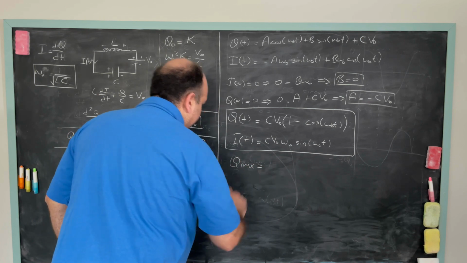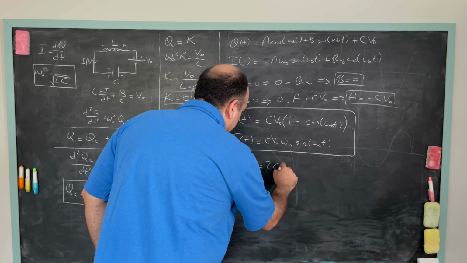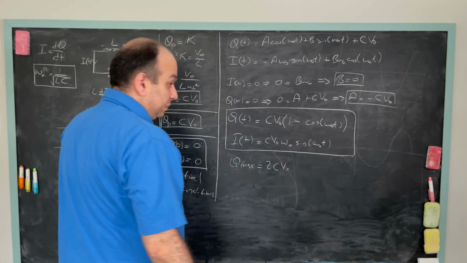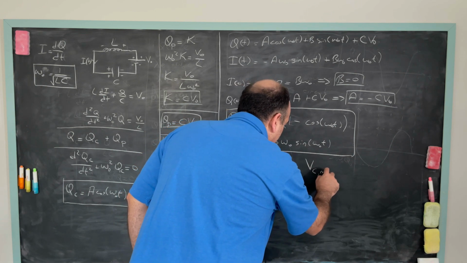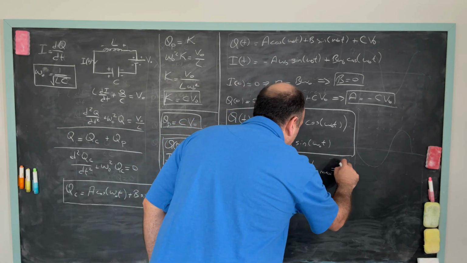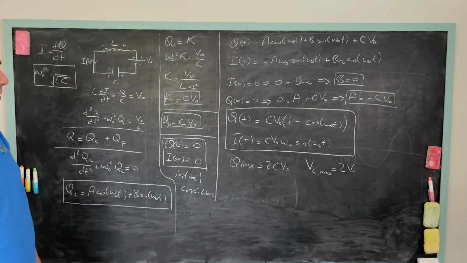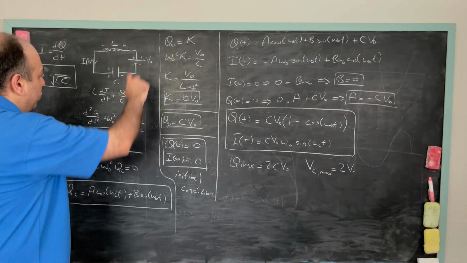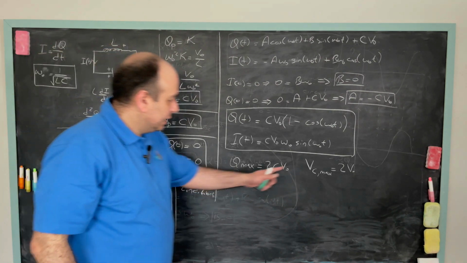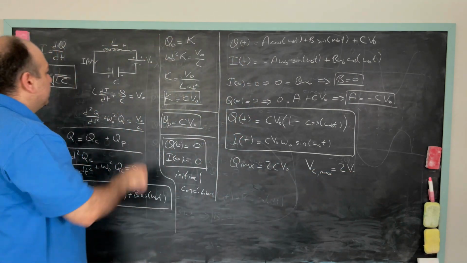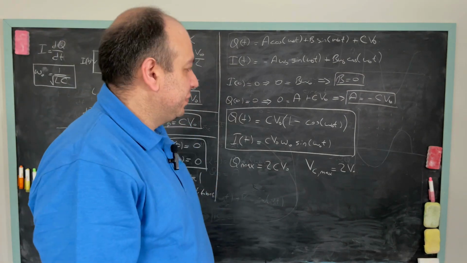This is something really interesting. Q max is equal to 2 times C times V naught. So the potential drop across the capacitor can take a maximum value of 2 times V naught. How is that possible? The source provides V naught and this becomes 2 V naught. So at that instant, the potential drop across the inductor is simply minus V naught.